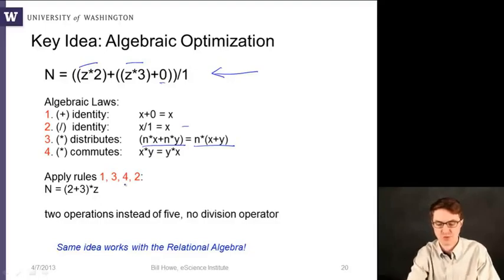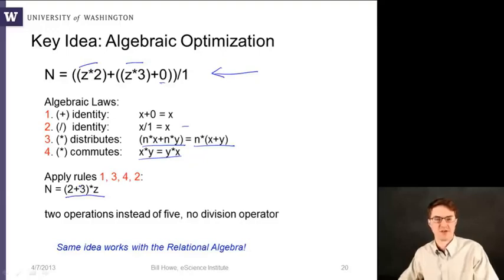And by applying these rules in turn, including the commutativity law that allows things to be reordered, I can simplify this expression down to this. And this just says, well, now 2 plus 3 is 5. Just multiply 5 times 4 and I get 20. And I've done fewer operations. I've only done 2 operations instead of 5, and I didn't have to do division, which is potentially an expensive operator if you're thinking about a computer evaluating this.